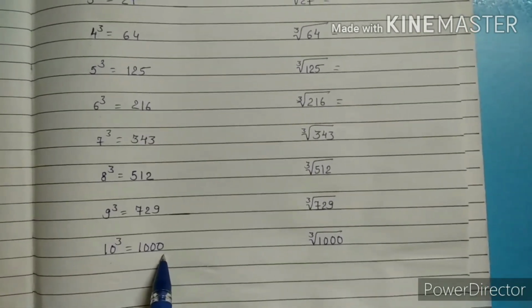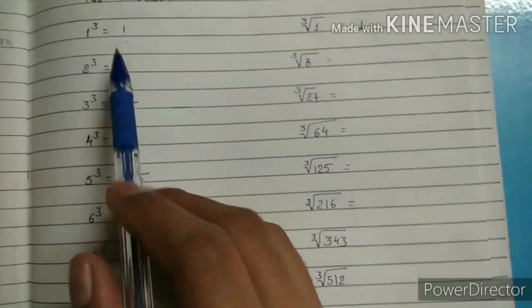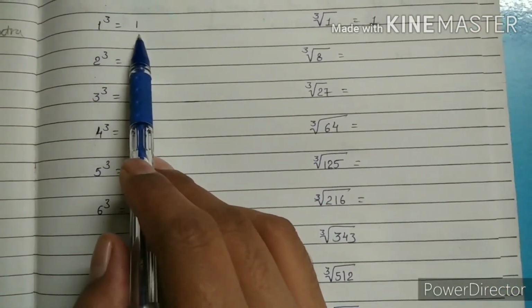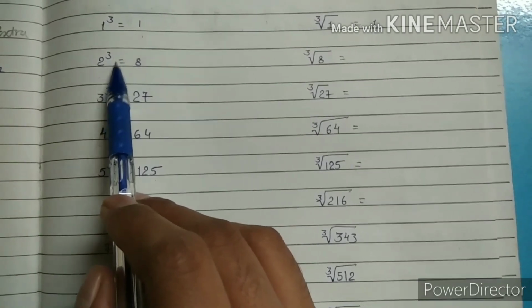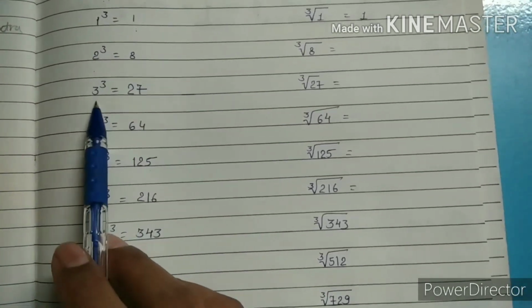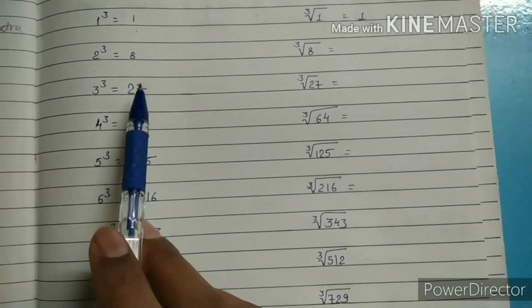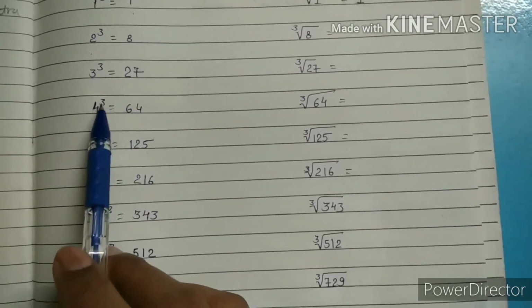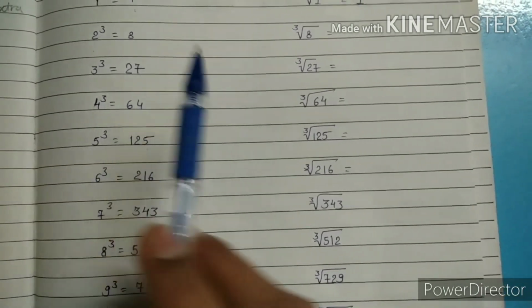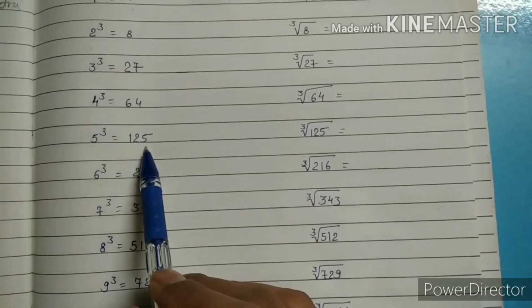As you can see, the unit place of 1 cube is 1, unit place of 2 cube is 8, unit place of 3 cube is 27, it means 7, 4 cube unit place is 4, 5 cube unit place is 5.